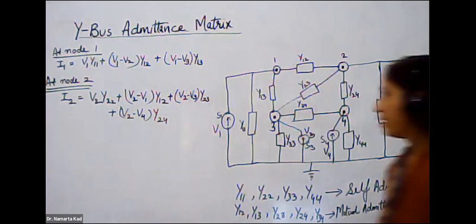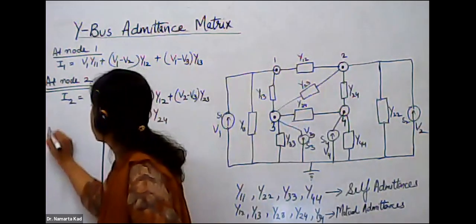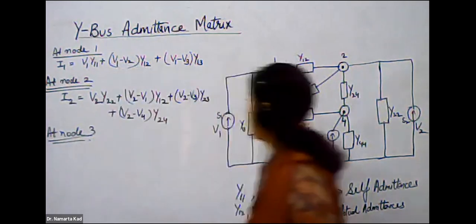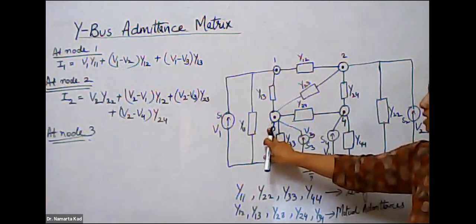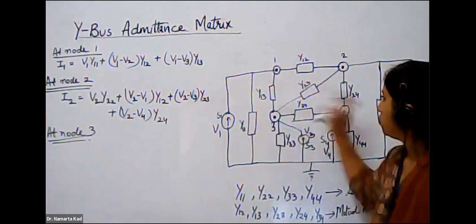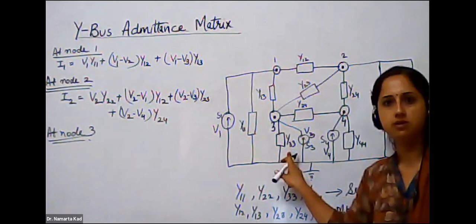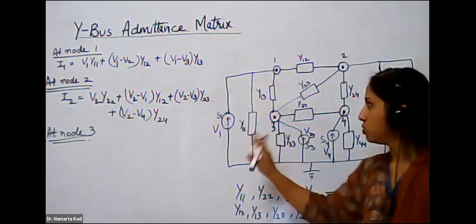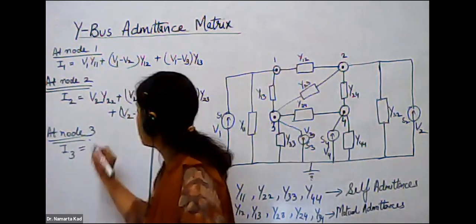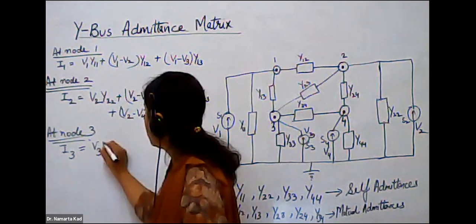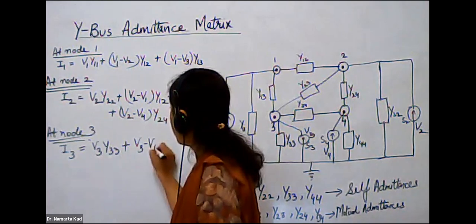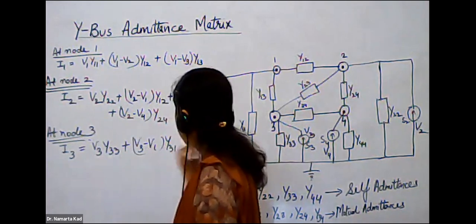Now similarly at node 3, the admittances that are connected are this one, 1, 2, 3, and the self admittance. In a similar way, the equation can be written as I3 equals V3 Y33 plus (V3 minus V1) into Y31.